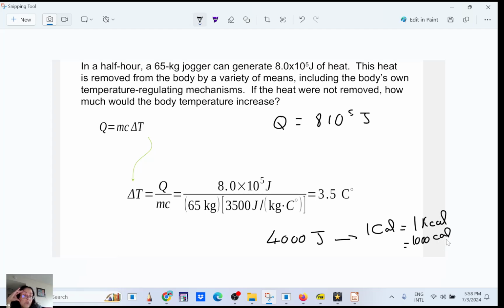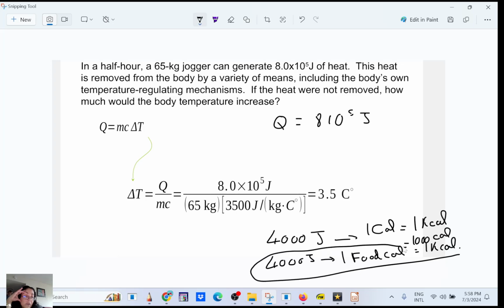This is used in chemistry. This is the food calorie. Okay. So 4,000 joules is one food Calorie, which is 1 kilocalorie. Okay. So it means you have a lot of energy in food.